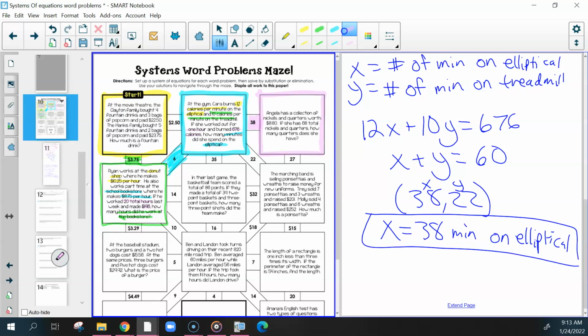Now we can choose again whether we want to solve this by substitution, elimination, or graphing. We don't need to solve this one, for sake of time, because there's only one answer.